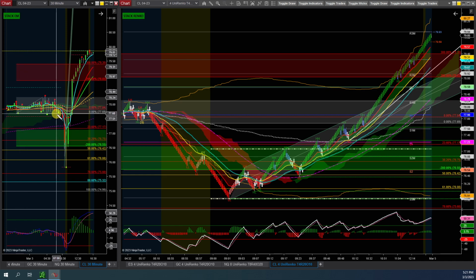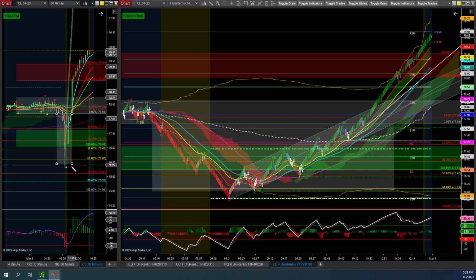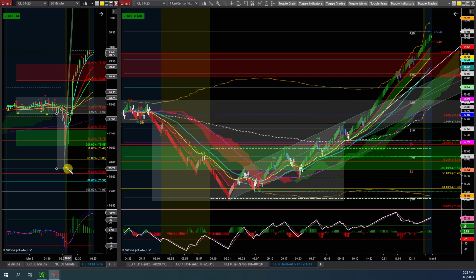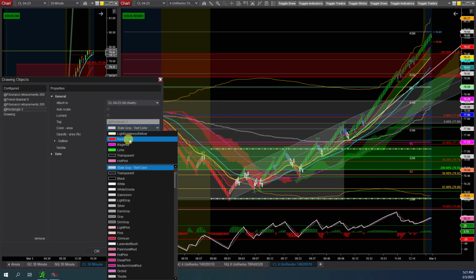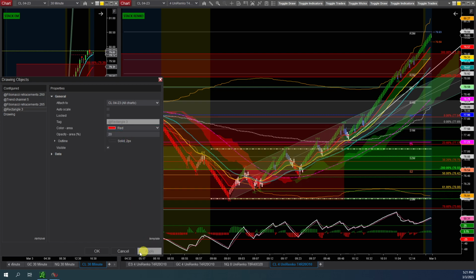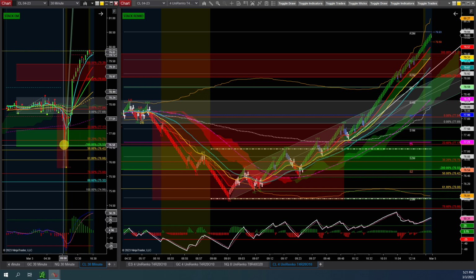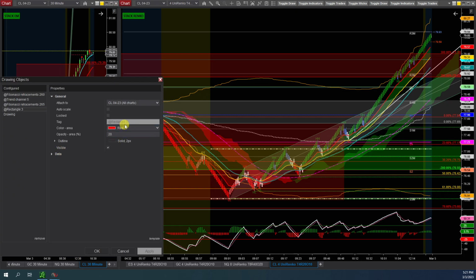So if you paint from here to there, and I'm gonna put a different color in here. Let's put it red just to highlight it. Okay, so you have that one, and I'm gonna put it with more opacity, I'm gonna put it with 60.